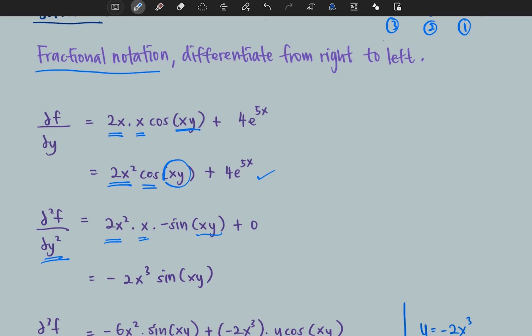And the next one is going to be 0. Why? There is no y in this term, so that means we treat all of them as constant. Differentiate constant going to be 0. Then simplify, the final answer. The answer for the second derivative is negative 2x cubed sin xy.